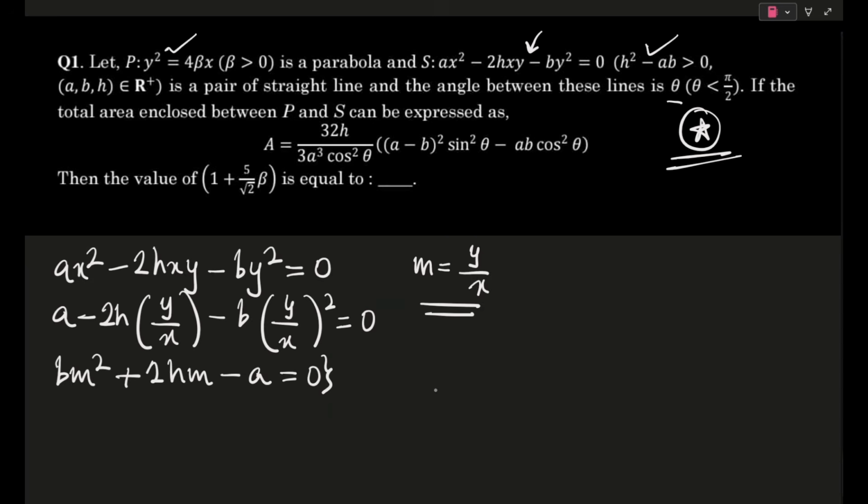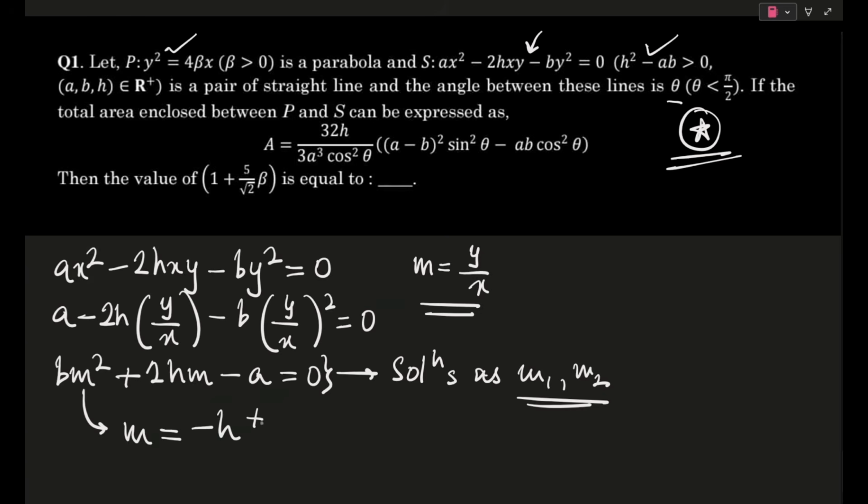Okay. So actually guys, this particular equation will have the solutions as m1 and m2. Okay. So guys, what I am now going to do is, we can easily find out the roots of this using our quadratic formula. So m will be equal to minus b plus minus root. Okay, I actually missed one thing.